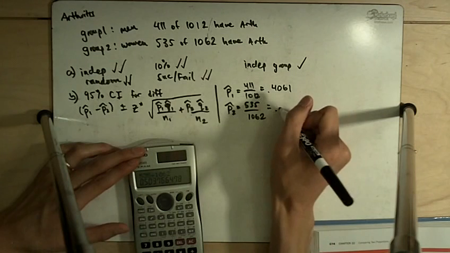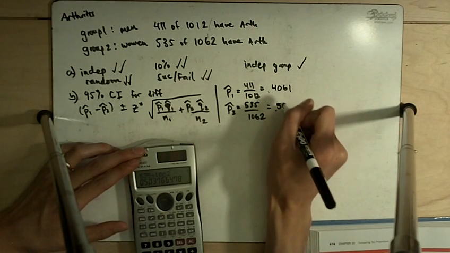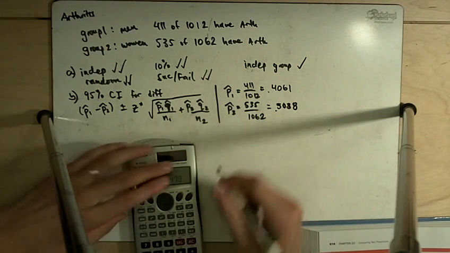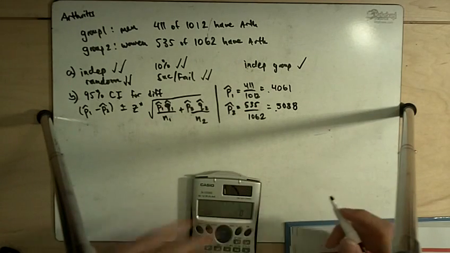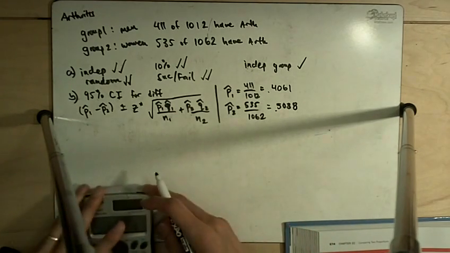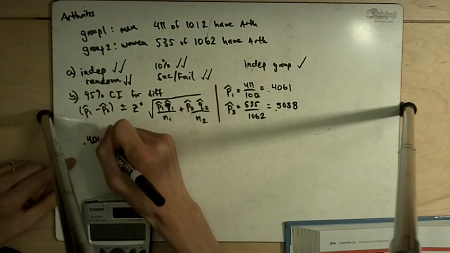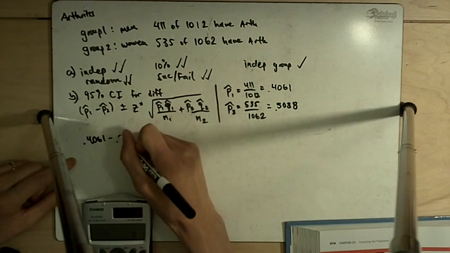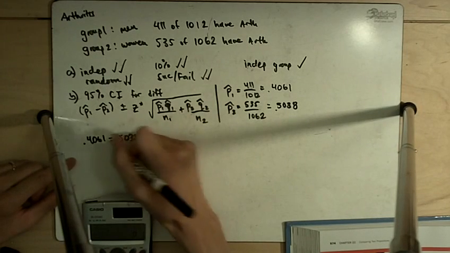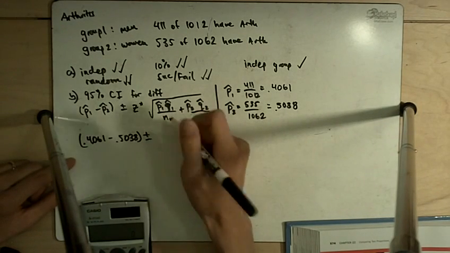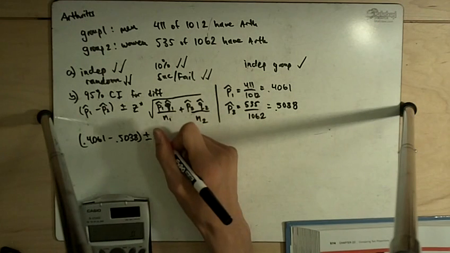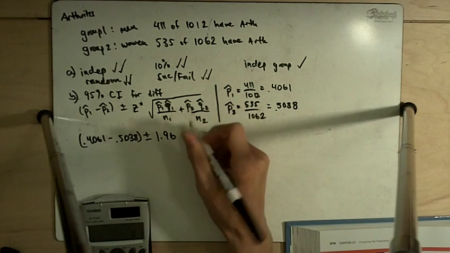That's 0.5037, or 0.5038 actually. All right, so I'm going to plug this in. 0.4061 minus 0.5038, plus or minus, our Z star for a 95% confidence interval is 1.96.